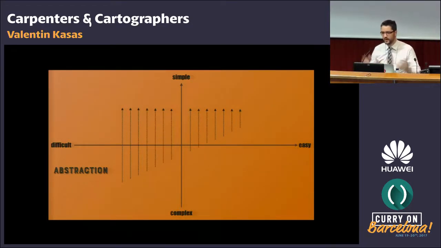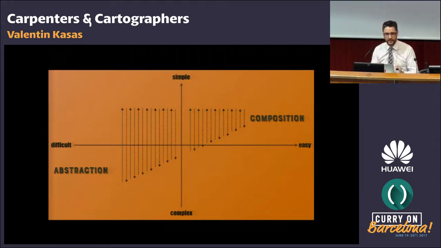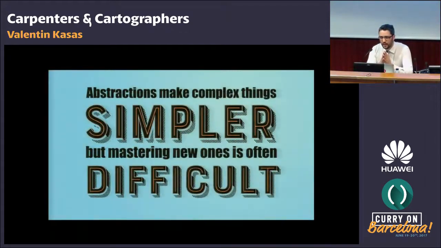And once we have abstracted away the useless details, we can work with our simpler abstractions. And then we compose back these abstractions to get back the original complexity. So abstraction is a tool to make the complex simpler.